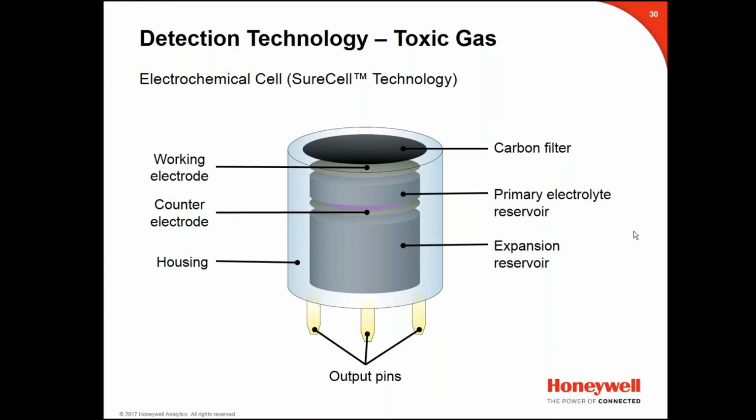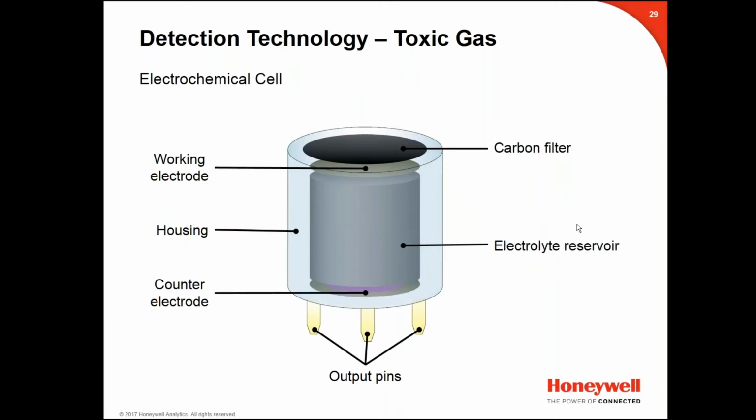If we go back to the previous version where it has just a single electrode, because the membrane is hydrophobic, it's going to allow humidity to pass through. And if enough humidity gets into this cell, it could possibly burst or rupture and thereby make the sensor inoperable.